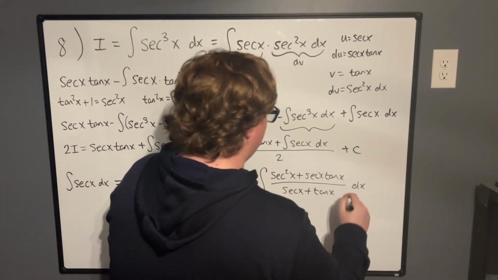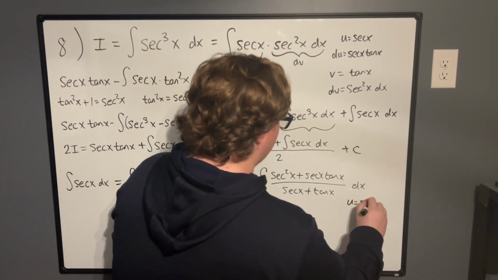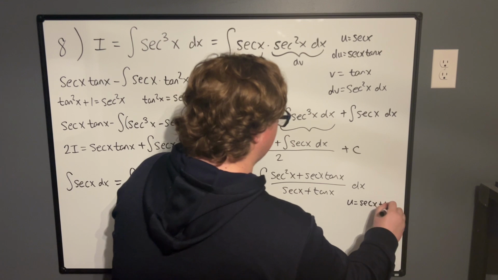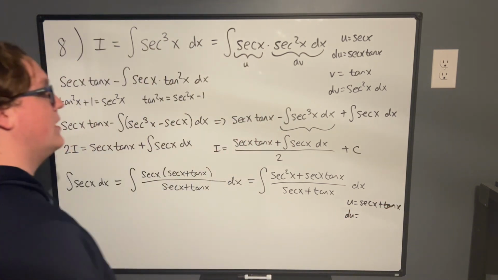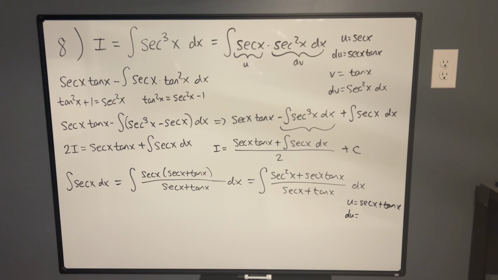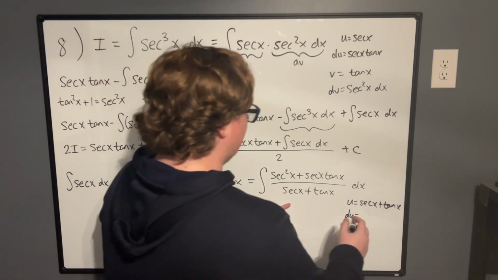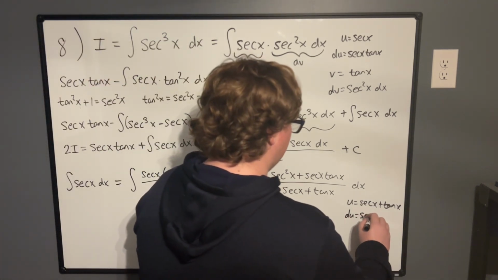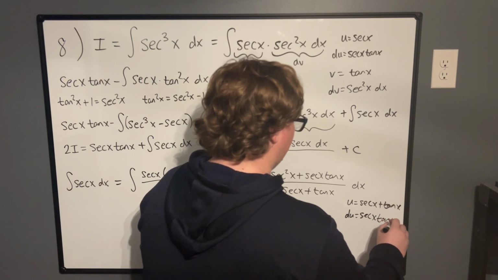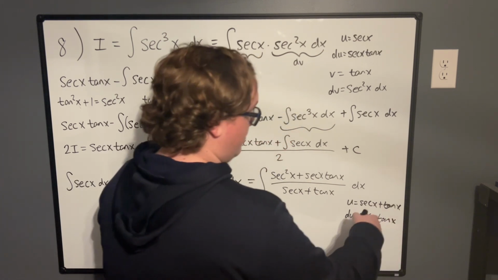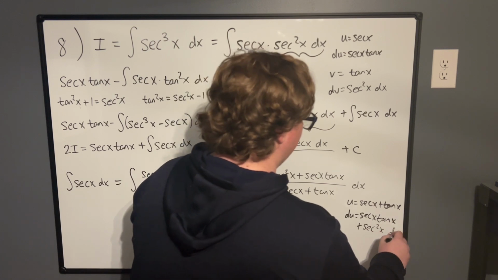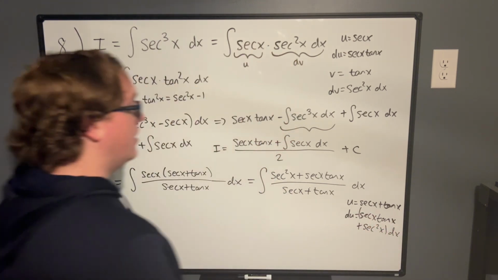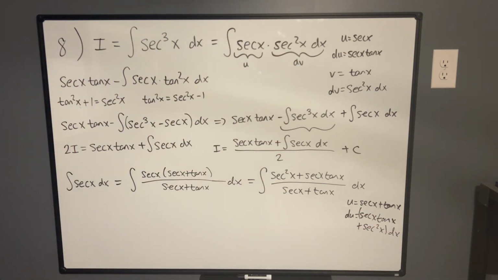We'll say that u is equal to secant x plus tangent x, which means that du actually ends up being really nice and it turns into the numerator. So the du is going to be secant x tan x plus the derivative of tangent, which is secant squared, and then we'll need that dx right here.